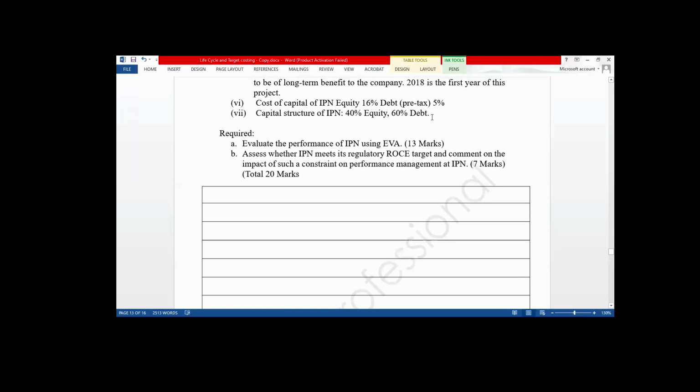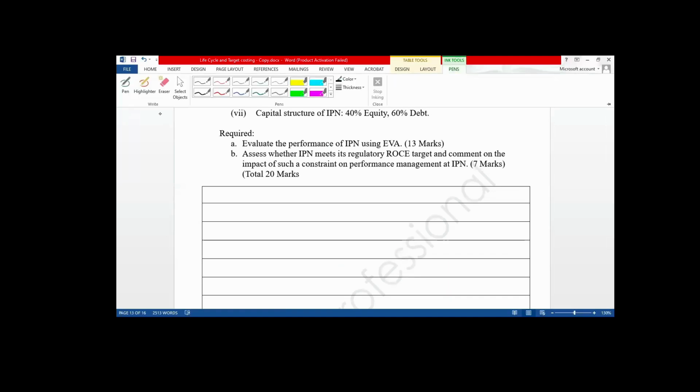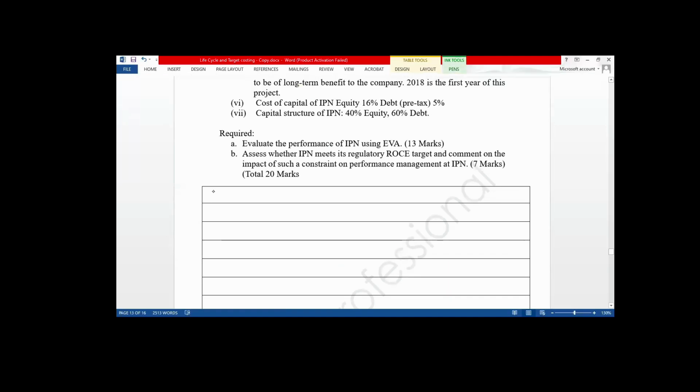Suggested solution. A, calculation of economic value added.